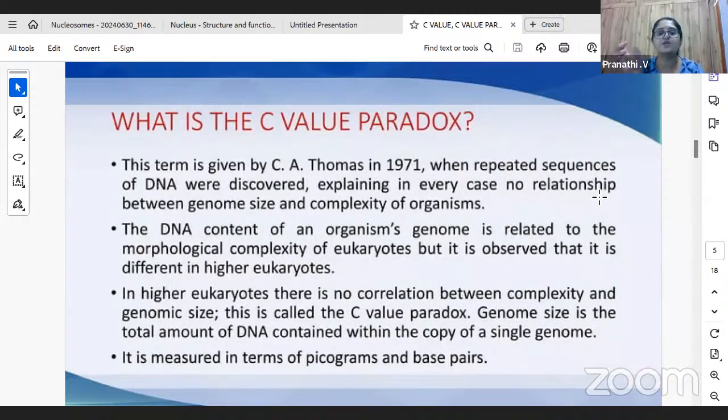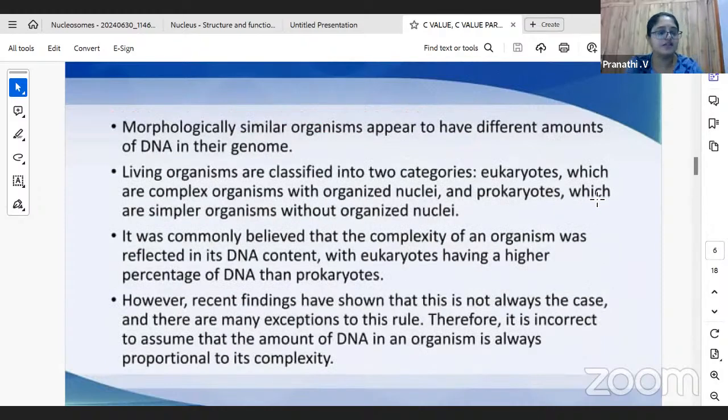That is why it is known as a C value paradox. Paradox basically means a seemingly absurd or contradictory statement. I'm just telling you the meaning of it. So despite whatever proposition it has made, it is not acceptable.